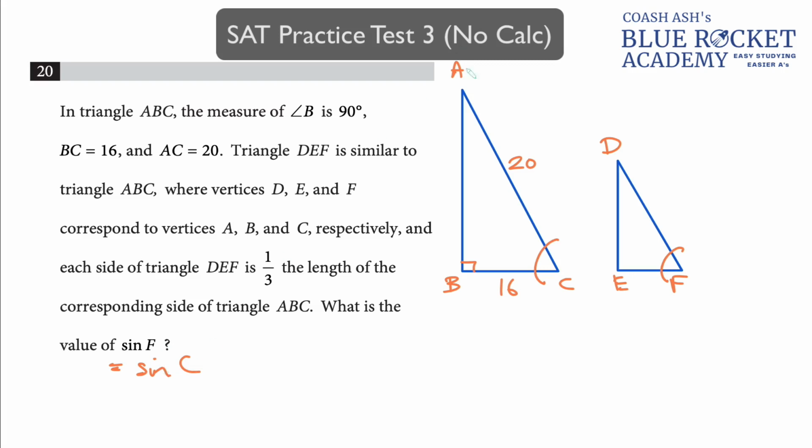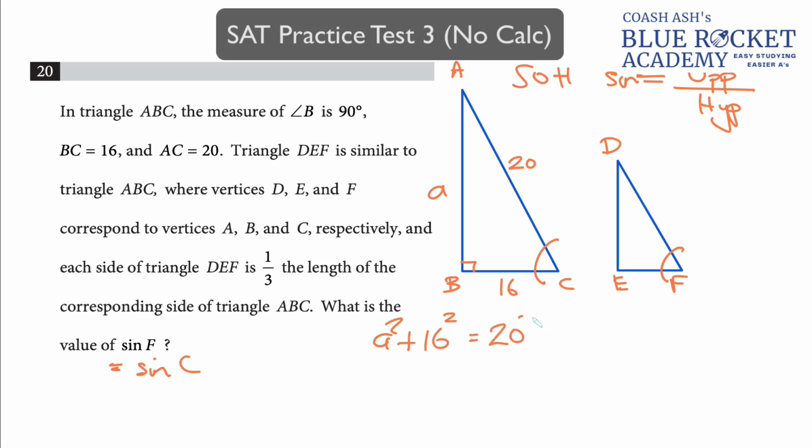Sine of C is SOHCAHTOA. So remember, how do you do it from the SOHCAHTOA idea? Sine is equal to opposite over hypotenuse. And the opposite over here is this guy. How do you find this guy? You're going to use the Pythagorean theorem. So let's say this is a, then you do a squared plus 16 squared is equal to 20 squared.